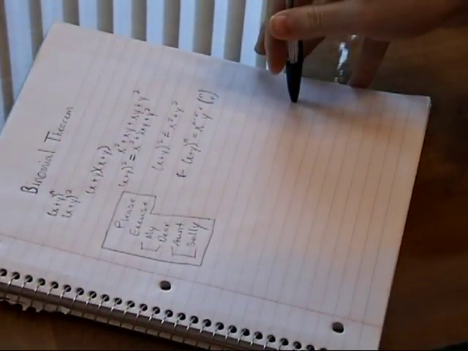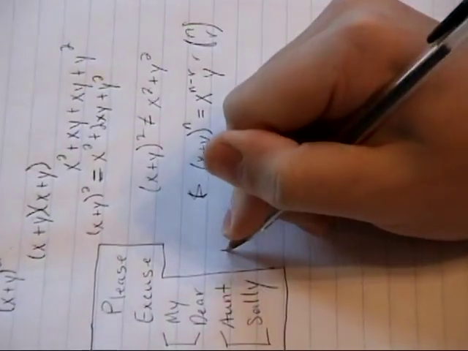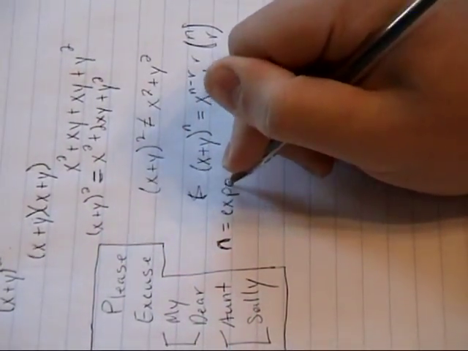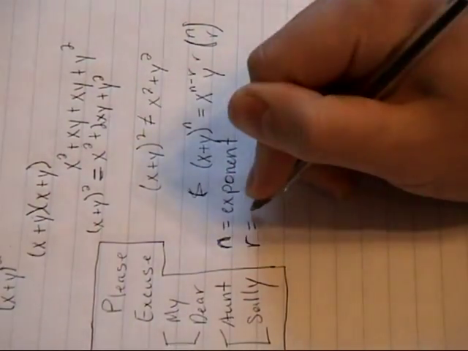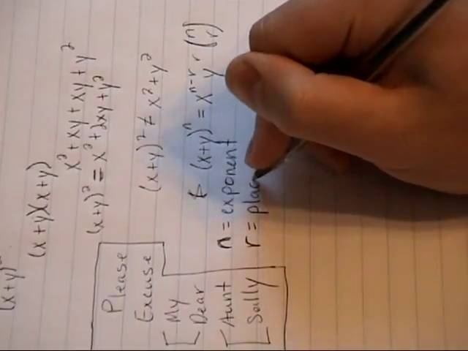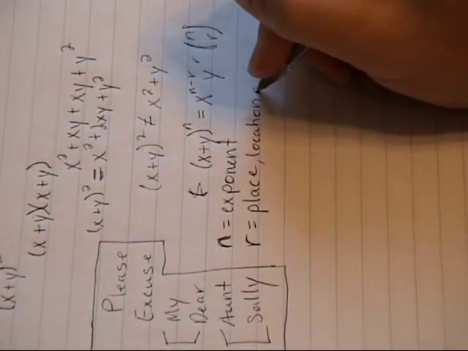And this is for each term, and n is just whatever exponent you have, and r equals basically the location of the term.